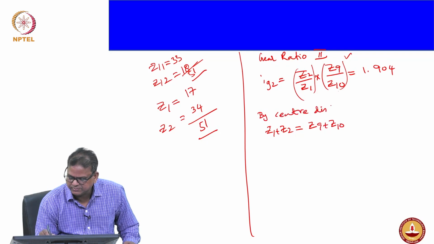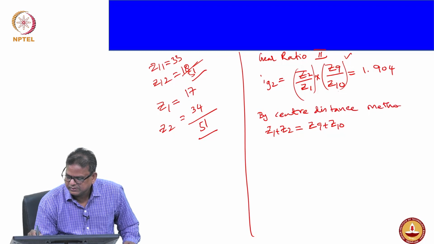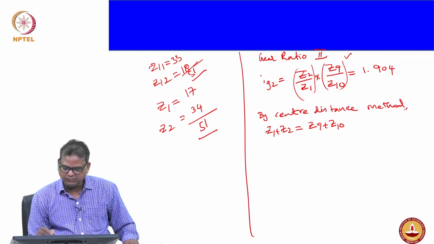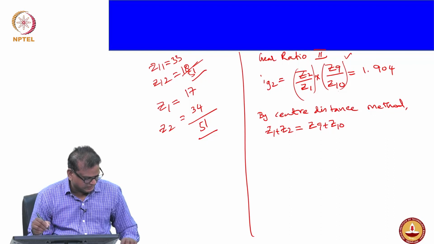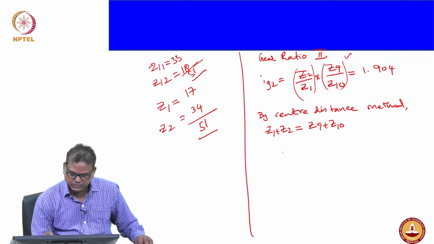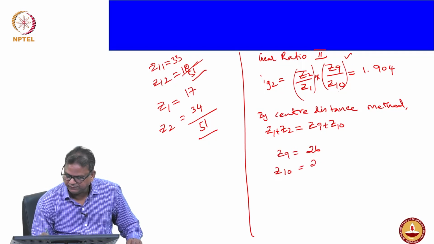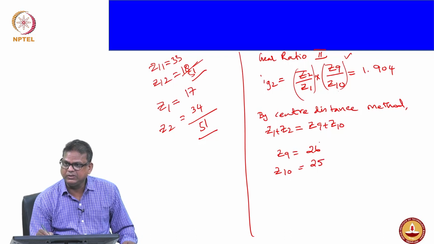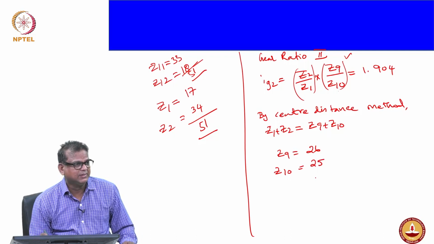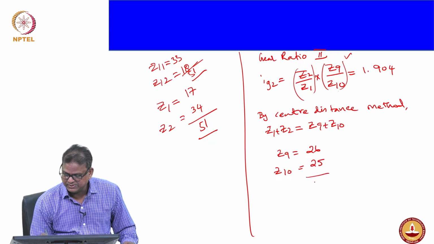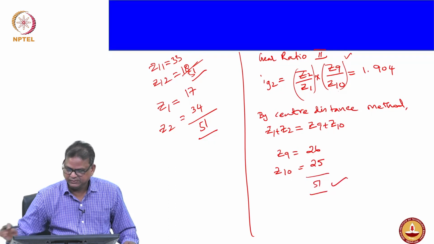I am not going to detail it, I will straight away give the answer. Z9 should be 26 and Z10 25, and it should satisfy 51.